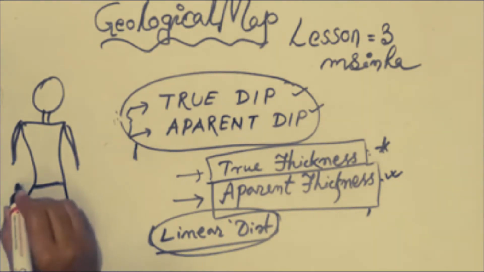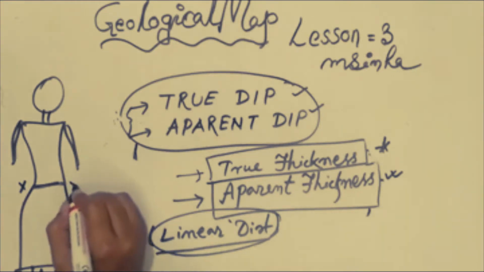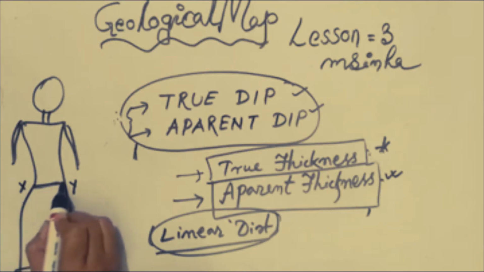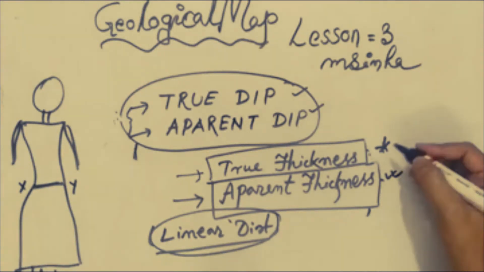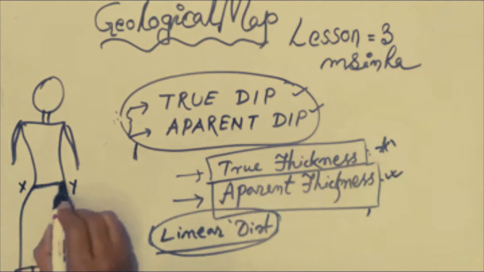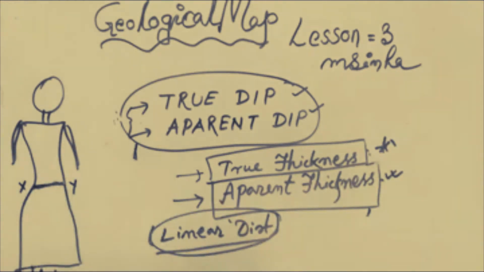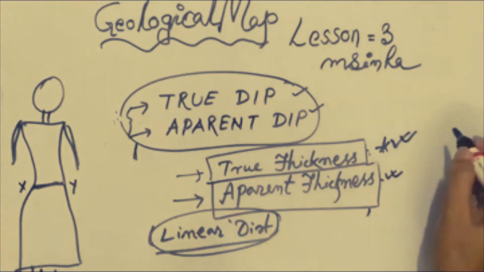Put a tape here and select the exactly opposite point on the waist of the dancer, that is Y, and measure this linear distance. This linear distance is the true thickness of the waist of the dancer.